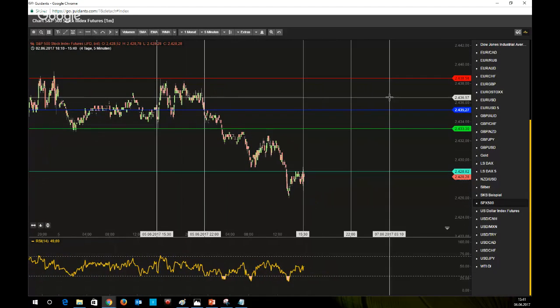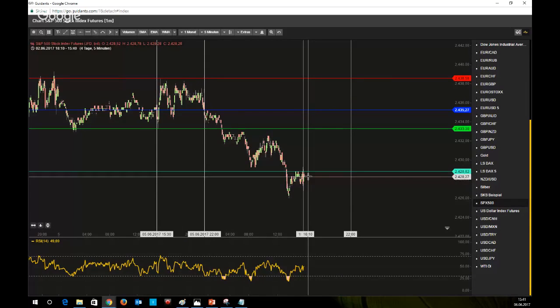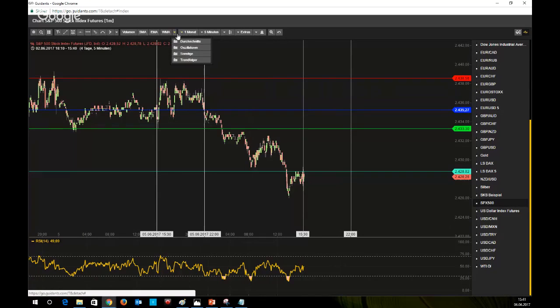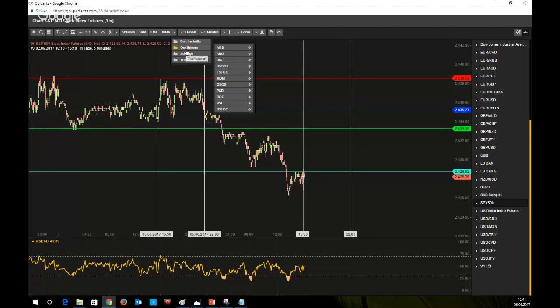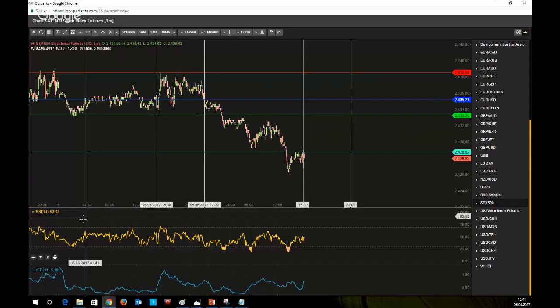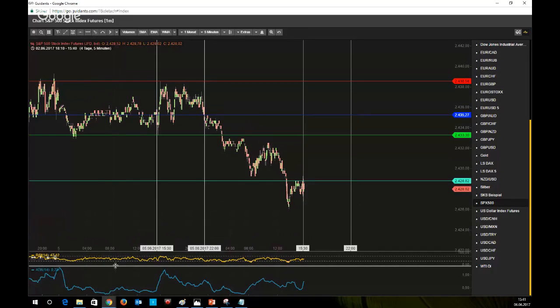I'm not really willing to be too aggressive here, but what you could also do is go long from here, 2,428, go long market, and then you could easily put a stop here. It's the so-called ATR stop, the average true range. You can ignore the RSI in this context here. It's not really interesting.